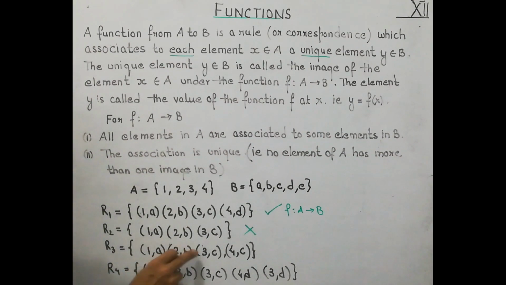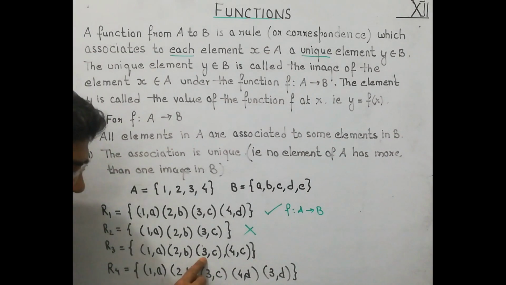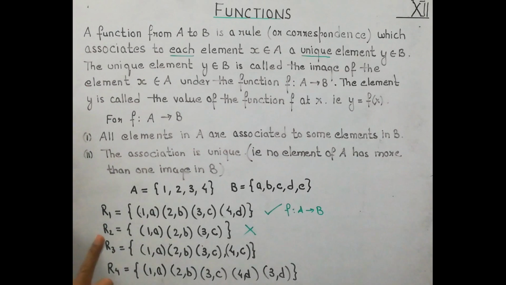In the third one, all the elements in set A are associated and none of them has 2 images. Now if you see over here, 3 has only 1 image, 4 also has only 1 image.